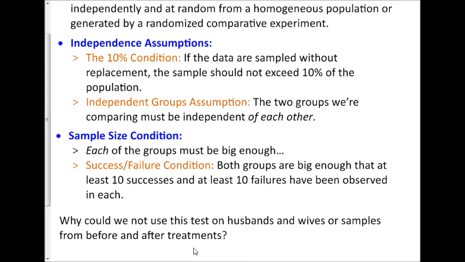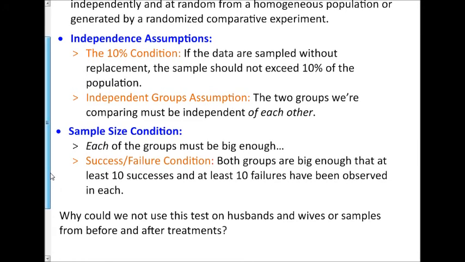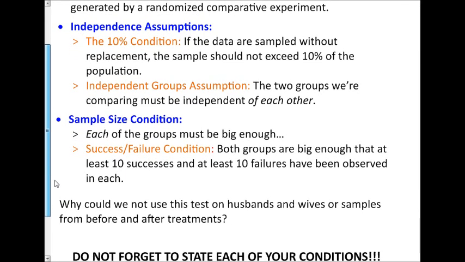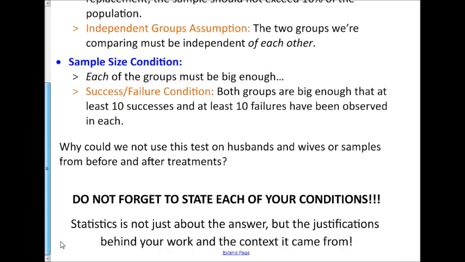And before and after treatments, again, that fails because it's the same individual. So if you fail your independent group assumption, you cannot do a difference of proportions. It's actually a little bit different. It's a slight tweak. We still will be able to do a comparison, just not using these methods.